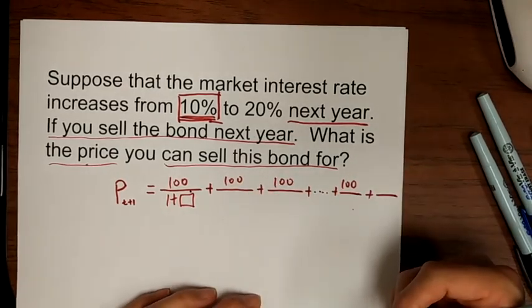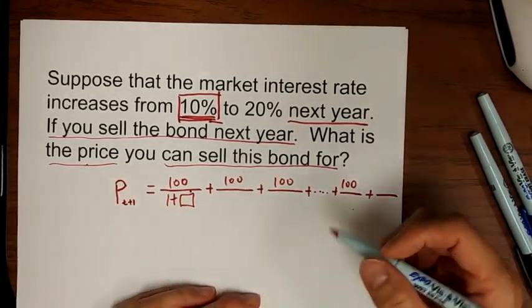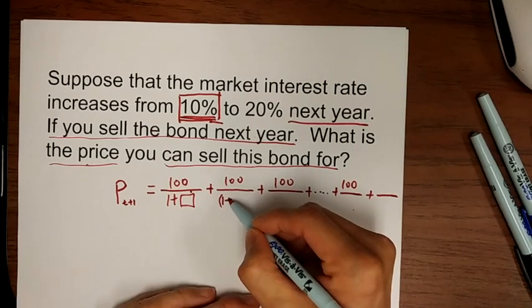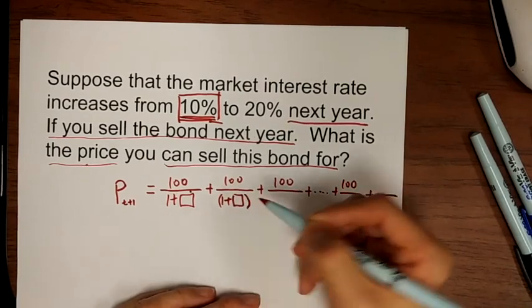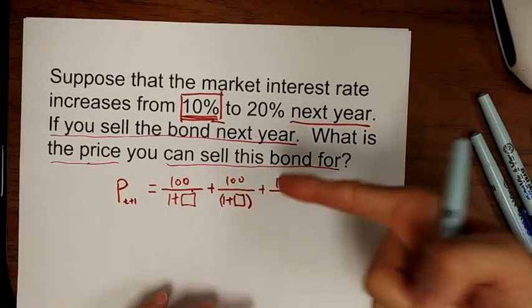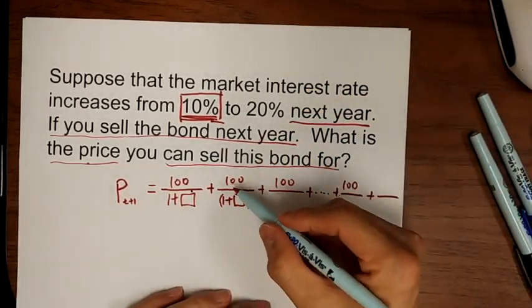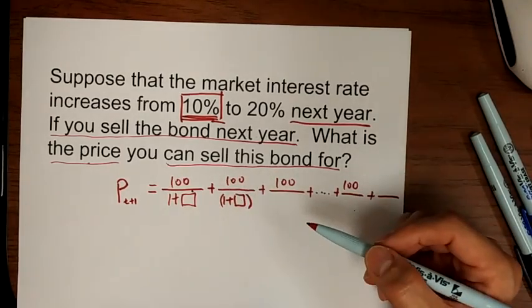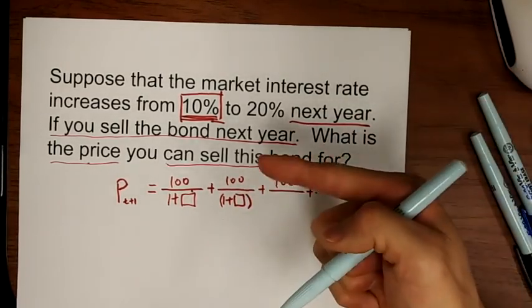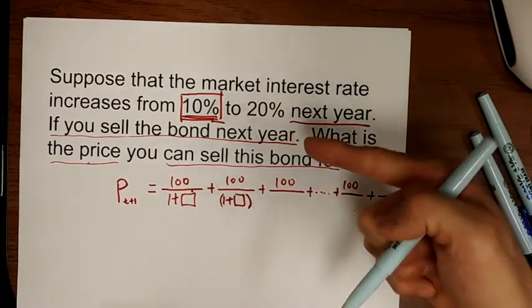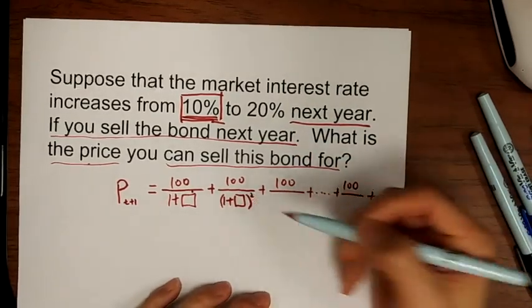His second coupon payment is again $100. When does he get that? 3 years from now, but he buys this bond next year. Therefore, he will get the second coupon payment 2 years from when he's buying this bond, so you discount it twice.